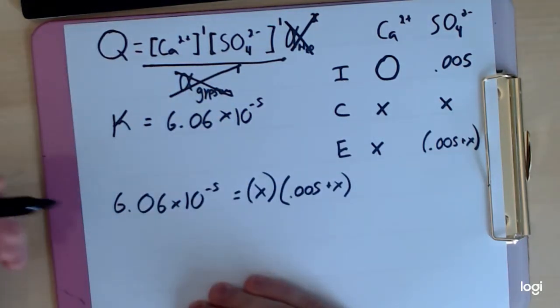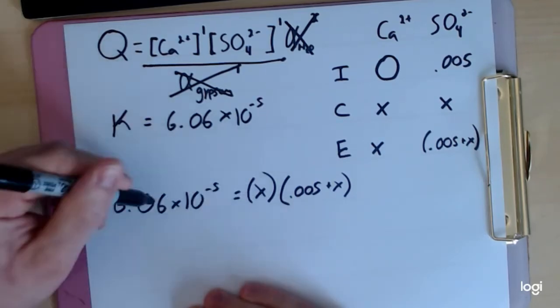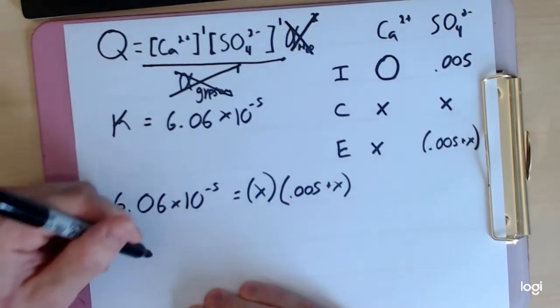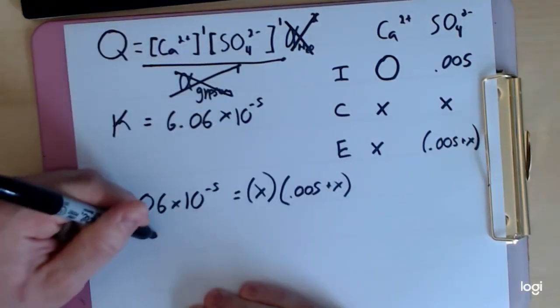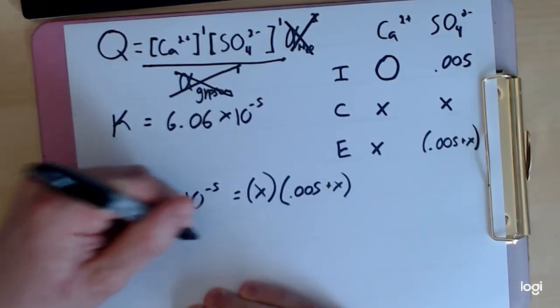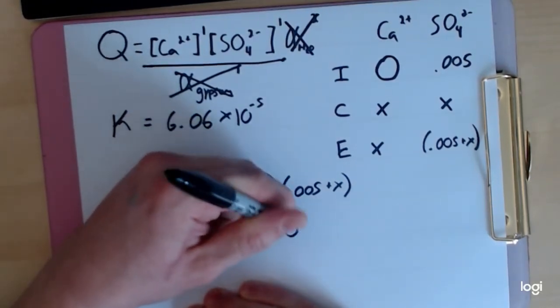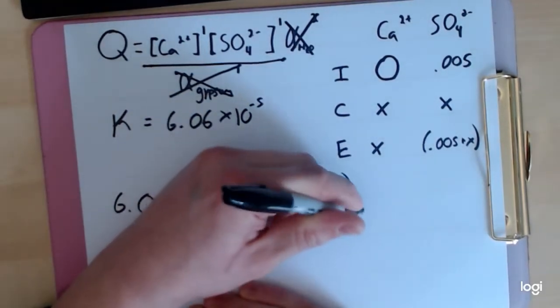You can use Wolfram Alpha if you care to. This is also easily solvable by the quadratic formula. If you move this over and FOIL this together, you end up with x squared plus 0.005x minus 6.06 times 10 to the negative 5th.